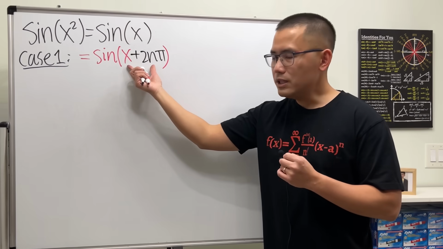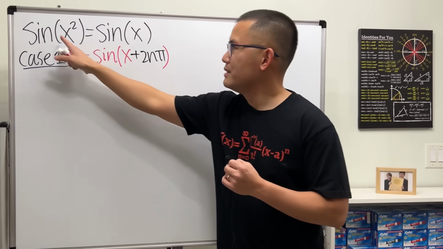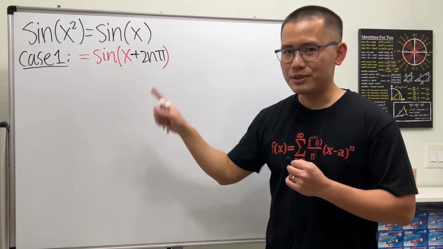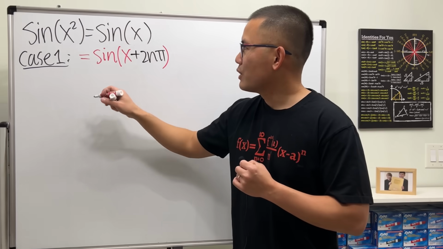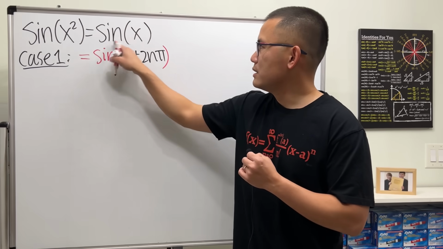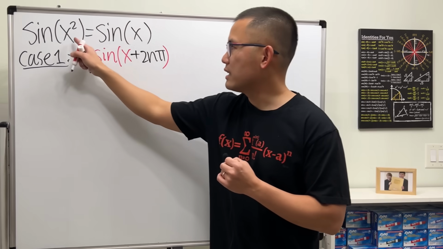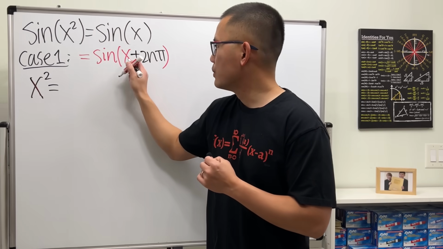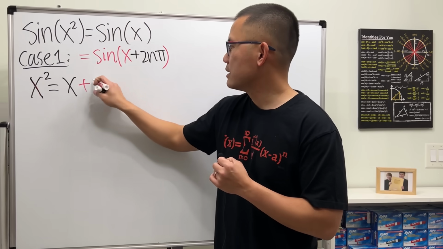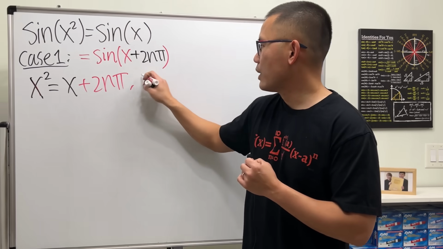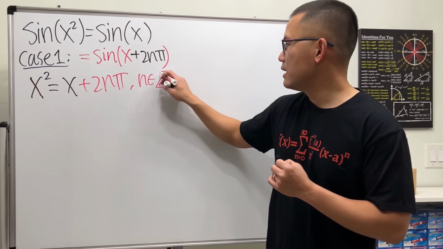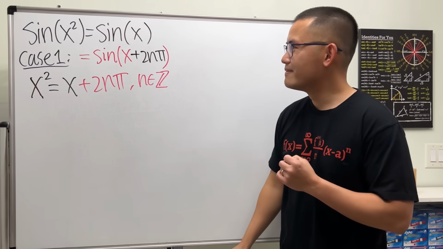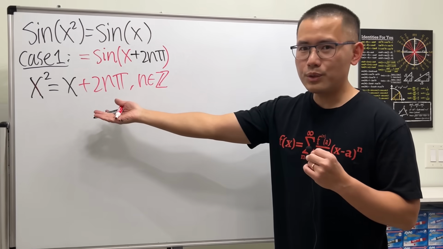Now, when we have all the possibilities here, you can just look at the inside and cancel all the sines. So case 1 is we use this being equal to that, and we can say x squared is equal to x plus 2n pi, where n is an integer. Alright, and now we have a quadratic equation.